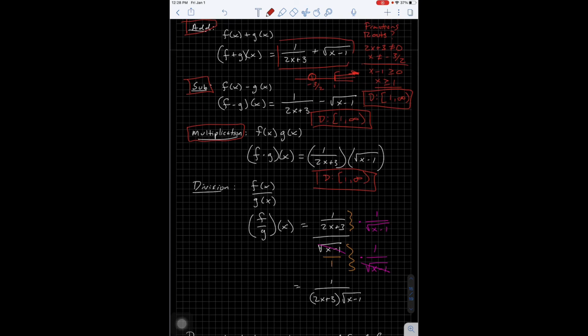So for sure, we still have that x minus 1 has to be greater than or equal to 0 because we've got that root. But look at what's happening on the denominator. I've got two things on the denominator. The way that the denominator is going to be equal to 0, because it's factored, is that x can't equal negative 3/2, but also x can't equal 1.